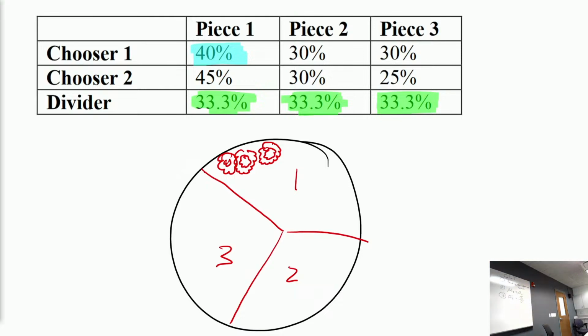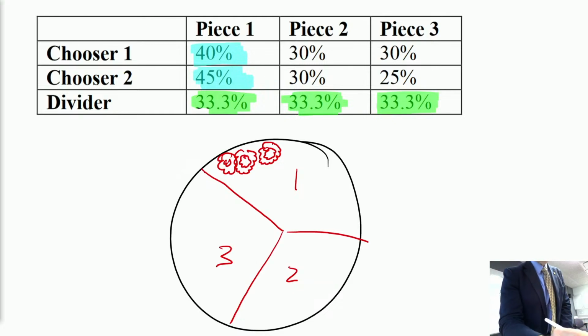And if chooser 1 gets either of these, chooser 1 is going to be sad because chooser 1 will have less than 1/3 in their mind. What about chooser 2? Well, chooser 2 also thinks that piece 1 is the only acceptable piece. Pieces 2 and 3, too small. The only one that they'll be happy with is piece 1.